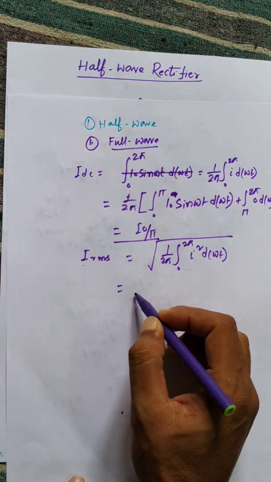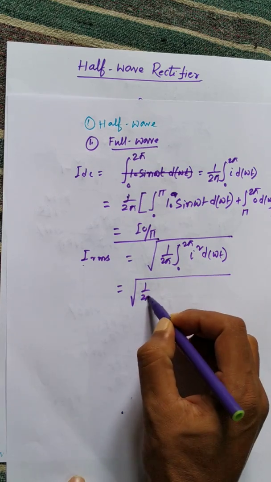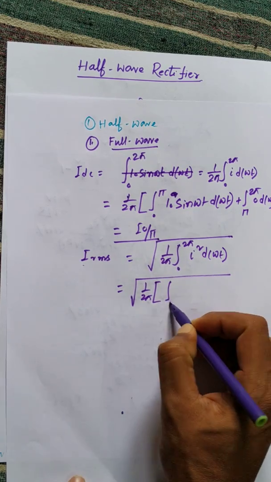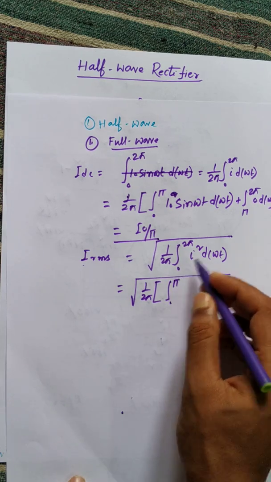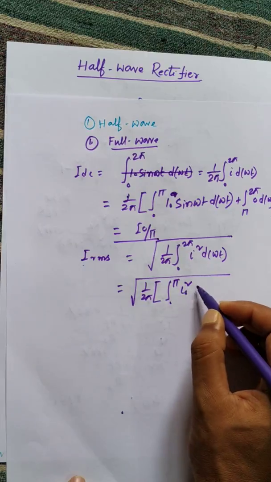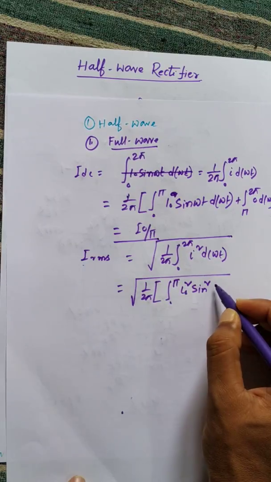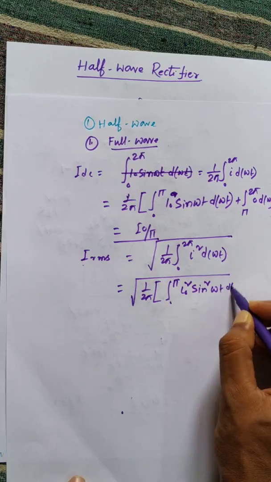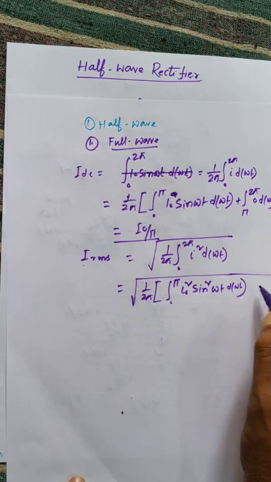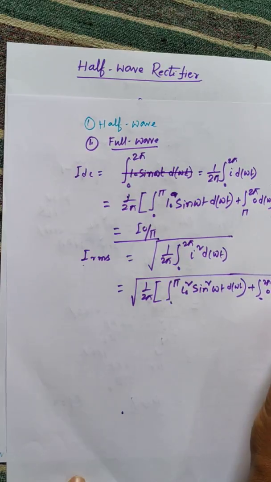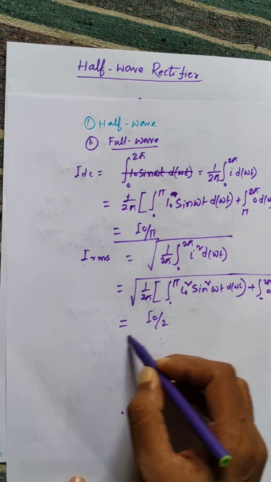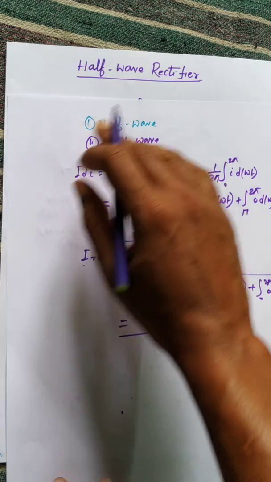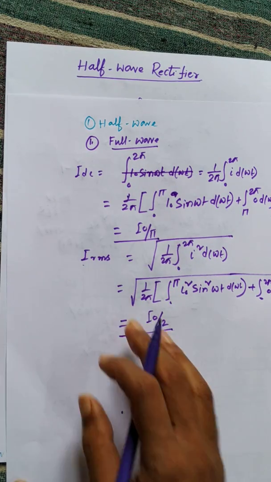Now 1 by 2 pi, since current flows in the rectifier circuit only during the positive half cycle, so only over the 0 to pi range is there current power, equal to I0 square sin square omega t d omega t, and in the pi to 2 pi range no current flows in the circuit. By integrating we get I0 by 2. So this is the RMS value of the AC current flowing in the rectifier circuit.